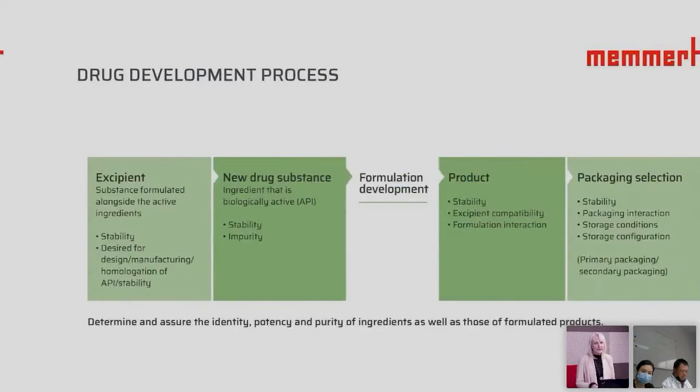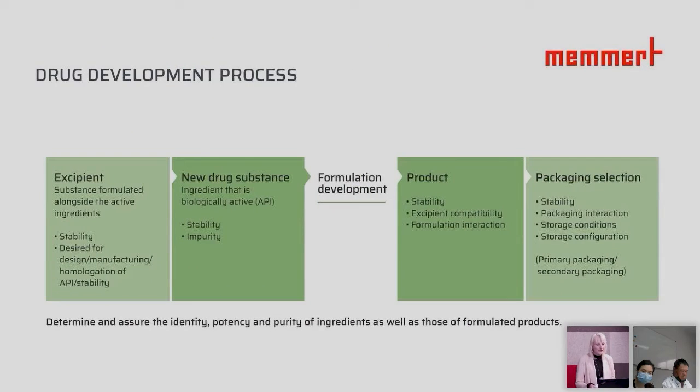What will be done when we get a new drug? How is this development process? When we talk about this development process, we have an API, that is the active product ingredient. And everything that is not the active product ingredient is an excipient.